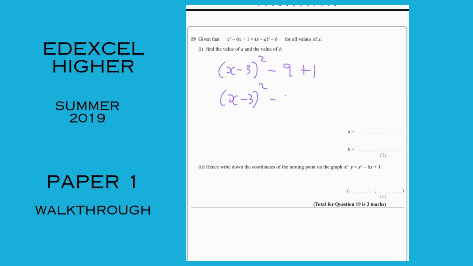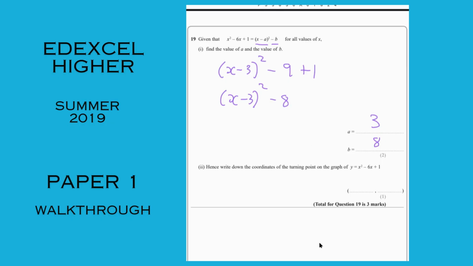It's just good practice. So A, don't forget, for the bit inside the brackets, you change the sign. For the bit outside the brackets, oh, sorry, my mistake, look at that. It's got a minus in it, so it just wants the A. So just leave it as 3. And it's got a minus B there, so just leave it as the 8.